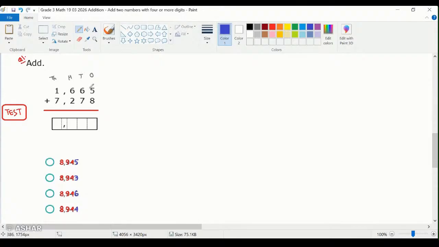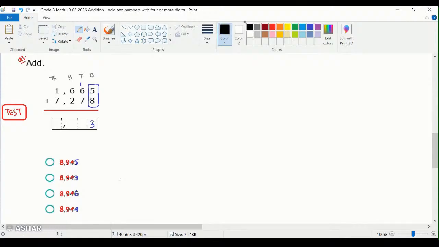So when 5 is added to 8, 5 ones are added to 8 ones. How many ones do we have? We have 13 ones, right? The remaining answer would be the same, 894.